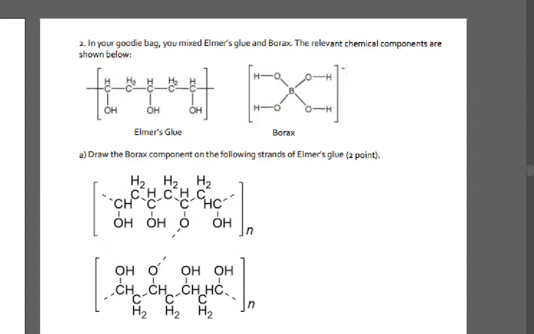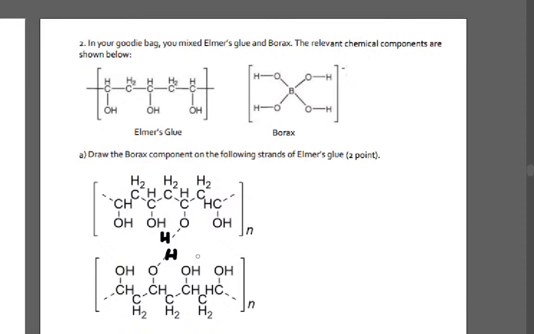Okay, first thing that I see is that this should be the hydrogen there. This one here should also connect to another hydrogen there.